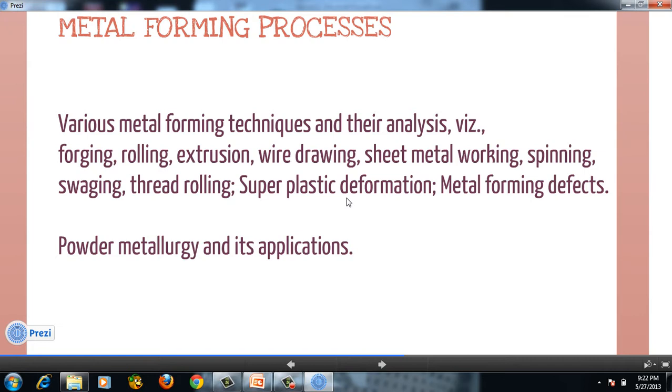We have many examples like that. So something like this, where you are forming the metals, where you are shaping the metals, is what we're going to study in this metal forming process. The various processes that we study are forging, rolling, extrusion, wire drawing, sheet metal working, spinning, swaging, thread rolling, superplastic deformation, metal forming defects.